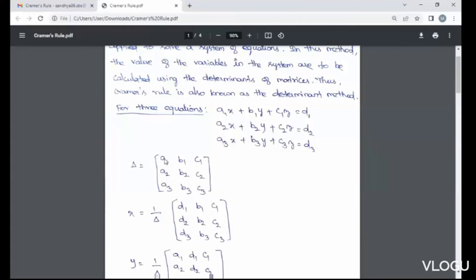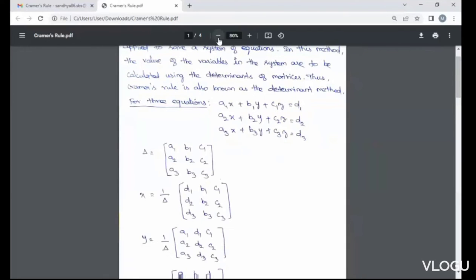The second column of delta is replaced by the y coefficients, which are b1, b2, b3, and the third column of delta is replaced by the z coefficients of the given equations, which are c1, c2, c3. After that, we have to find the determinant value. It is the value for delta.